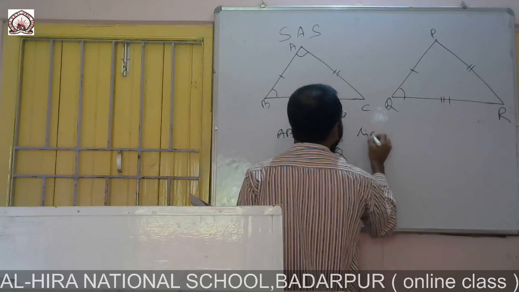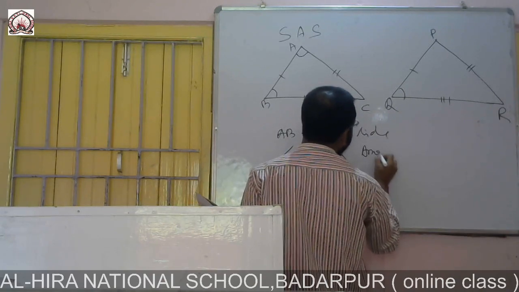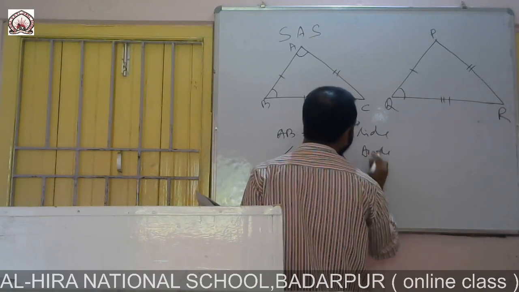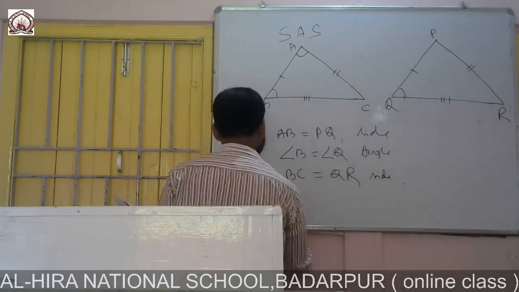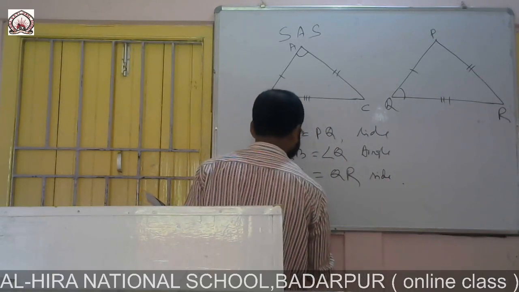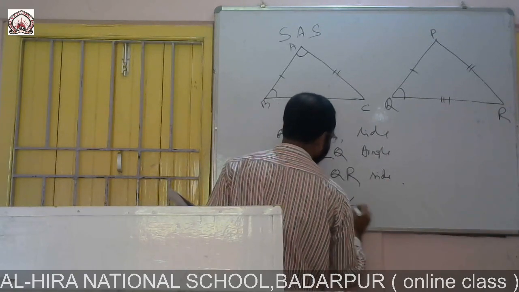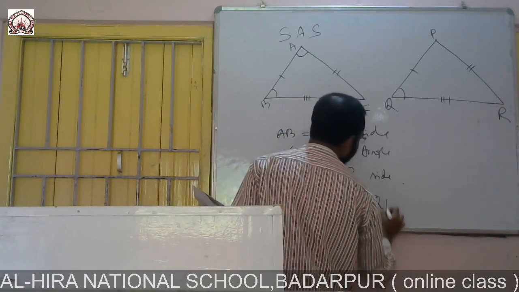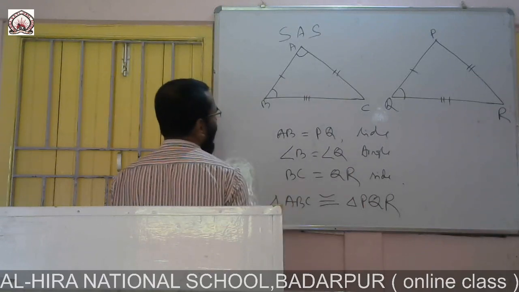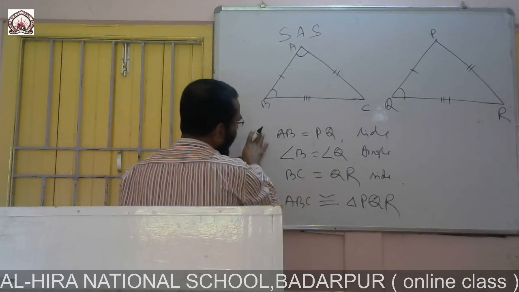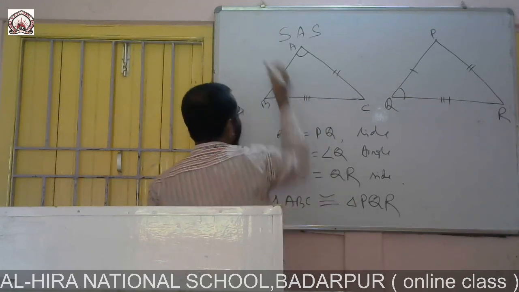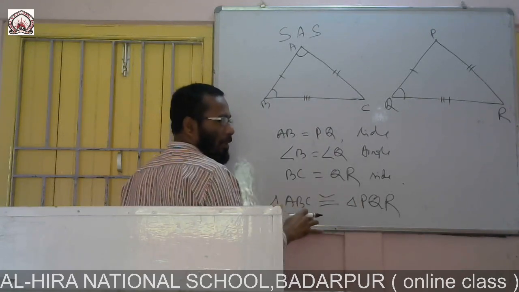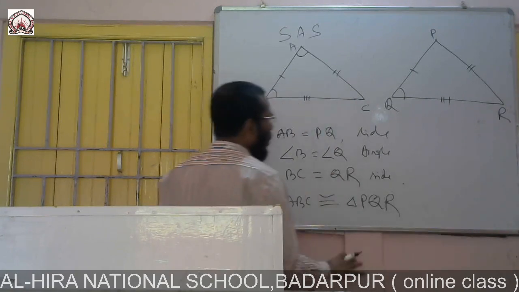Then side angle side. So this is a property, and we can say triangle ABC is congruent to triangle PQR. So the first property is side angle side.